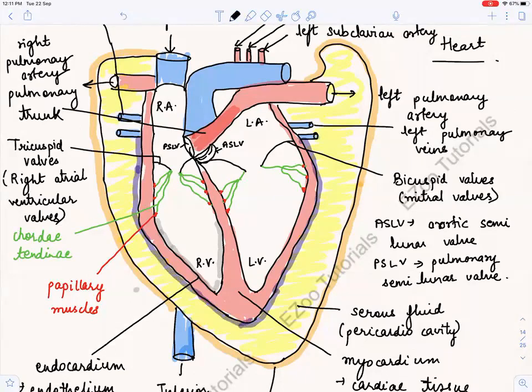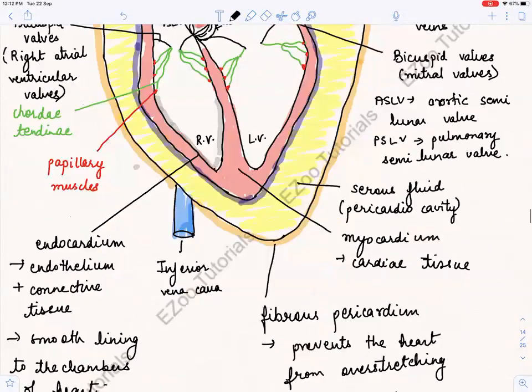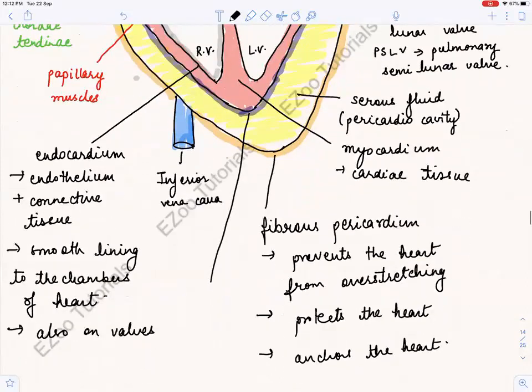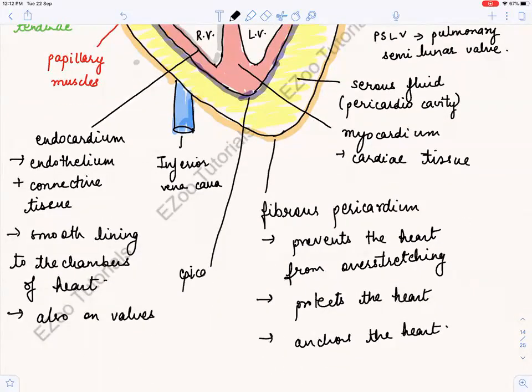This is the epicardium that I have drawn. And epicardium is also known as what? The visceral layer of serous pericardium, right? The name itself is saying it.